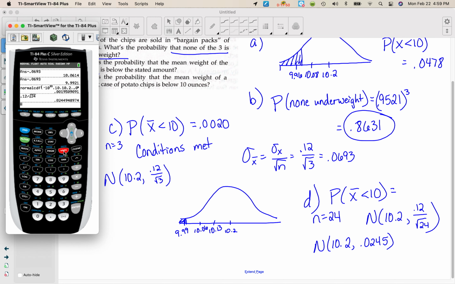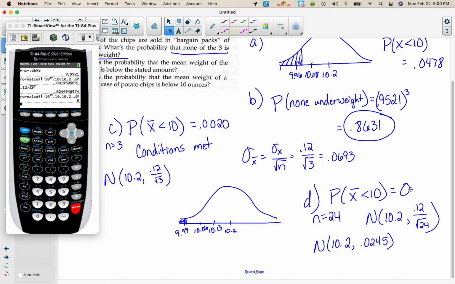If we do second distribution, left bound is still going to be the same. My upper bound is going to be the same. Mean is the same, but my standard deviation is 0.0245. And so when I calculate this one, I get basically 0. My calculator just says, oh, we can't go that low, and it says 0. So virtually it's impossible.